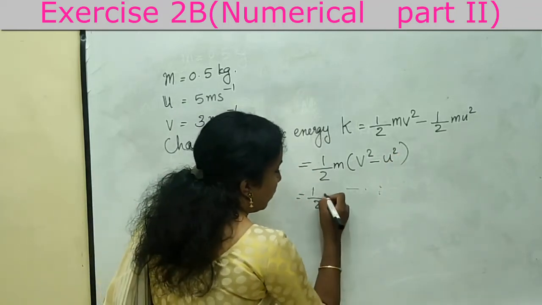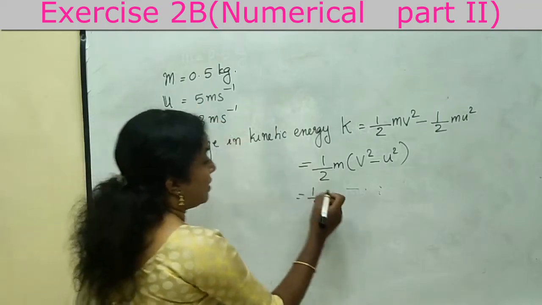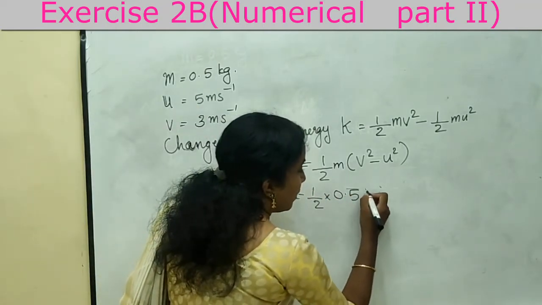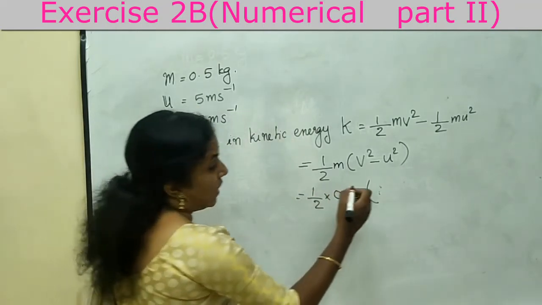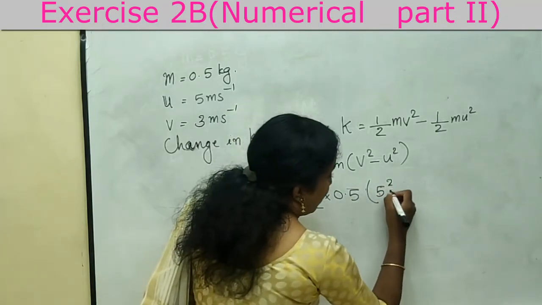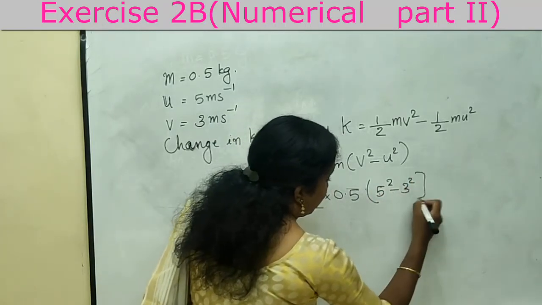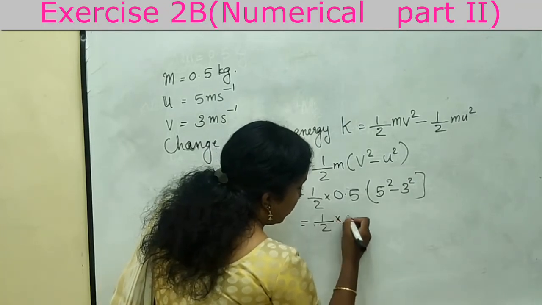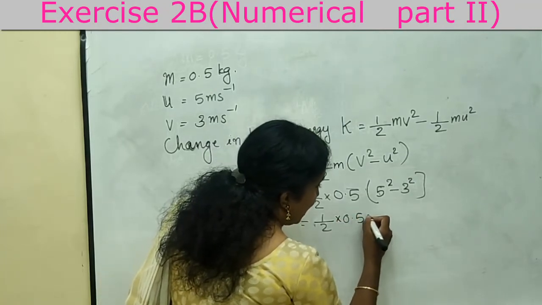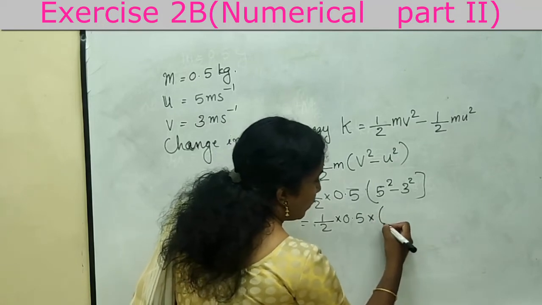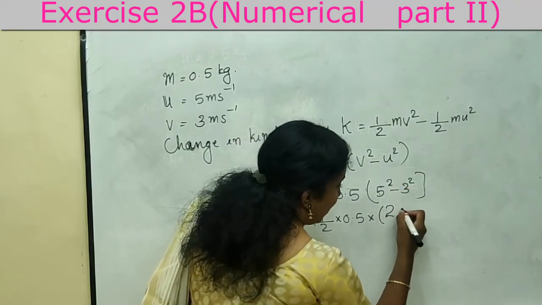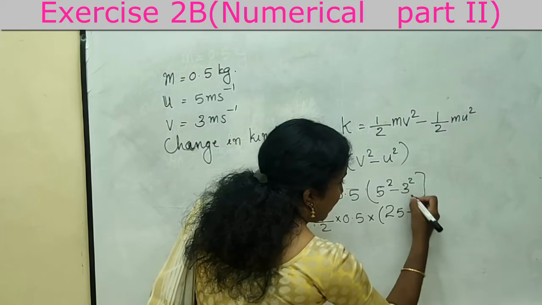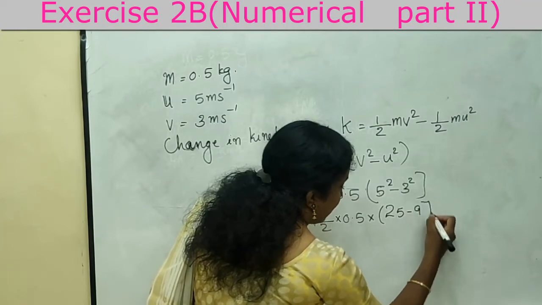So half, what's the value of m here? It is 0.5 into v square, that is 5 square minus 3 square, or it is 1 by 2 into 0.5 into 5 square is 25 minus 3 square is 9.